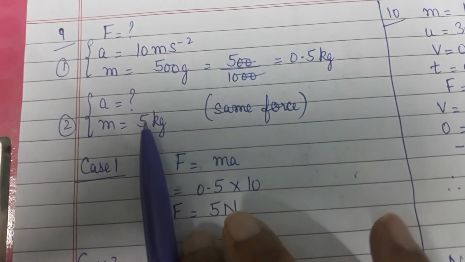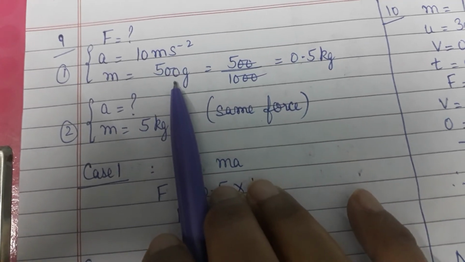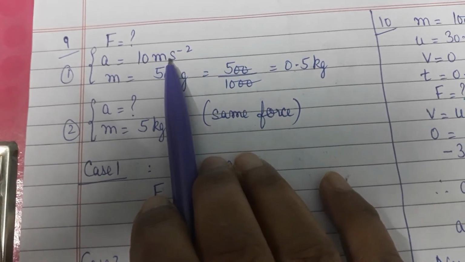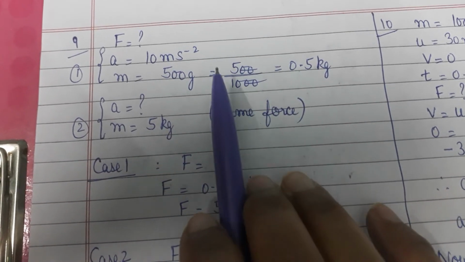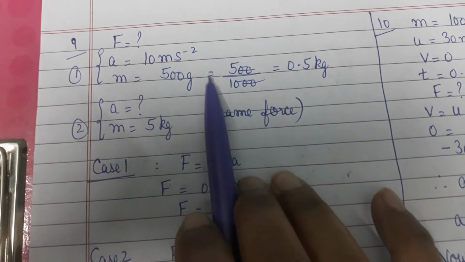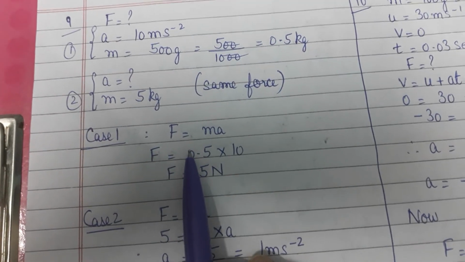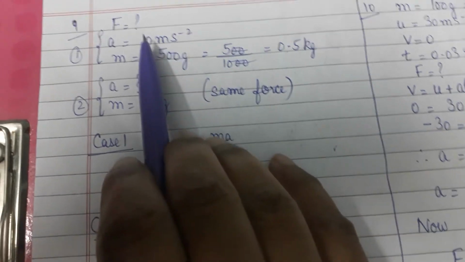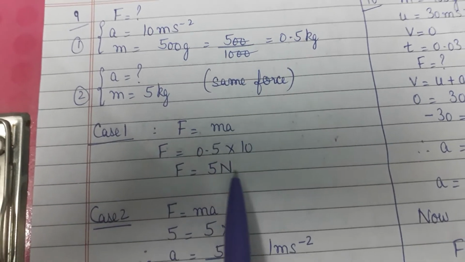That is why, children, it's a comparison question. In the first part, they have said the acceleration is 10 meters per second square when the mass is 0.5 kg. And from here, we will find out the value of F from the first part. And that works out to 5 newtons. See, I have F is equal to ma, I have m, I have A. 10 into 0.5, 5 newtons.